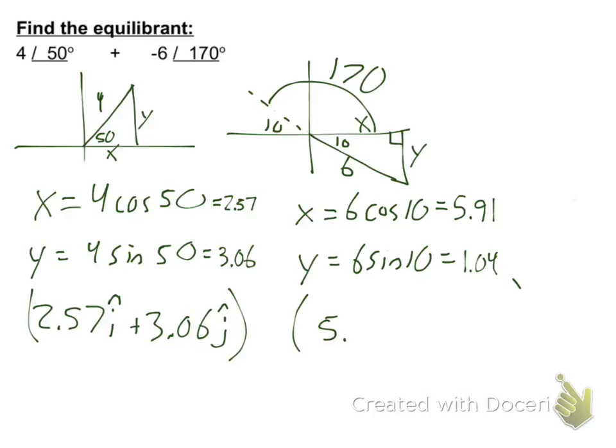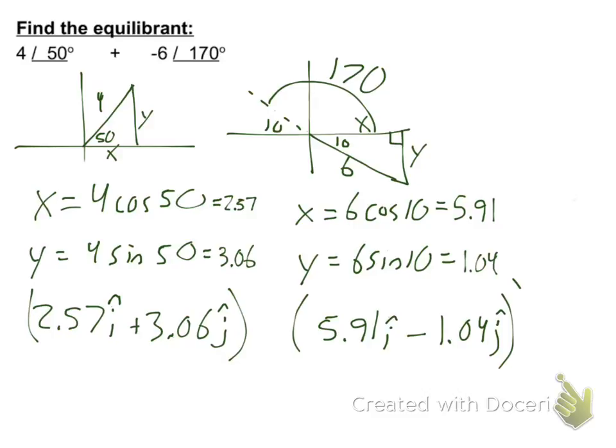No. They say positive, but where are we? Whoops. We're in the fourth quadrant. Y went down, so therefore it's minus 1.04 j hat. Do you see that? Y is down in the fourth quadrant, so we are negative.